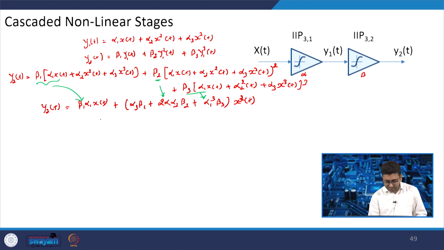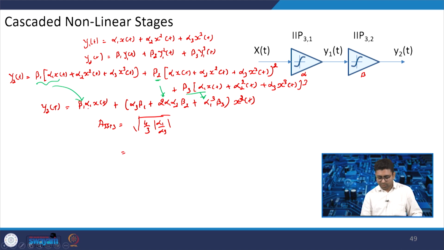Then we already know what is the AIP3, which is equal to square root of 4 by 3 alpha 1 by alpha 3.